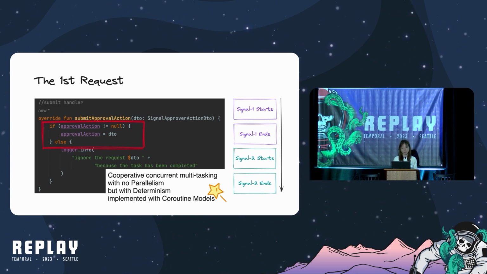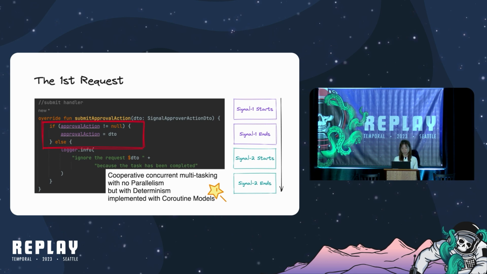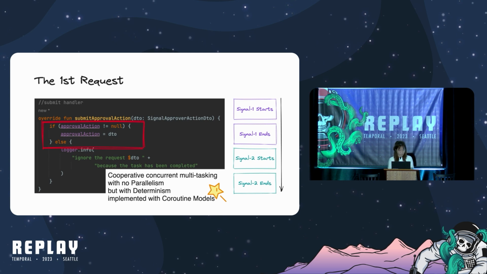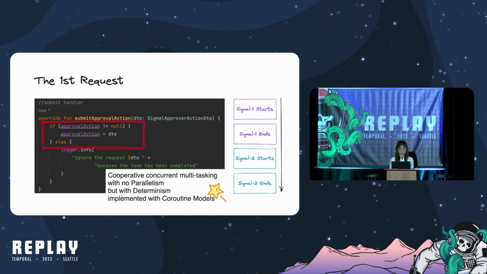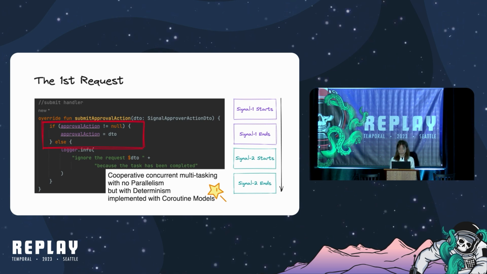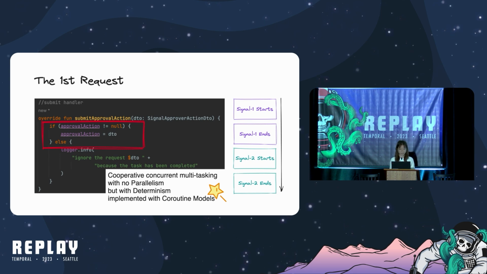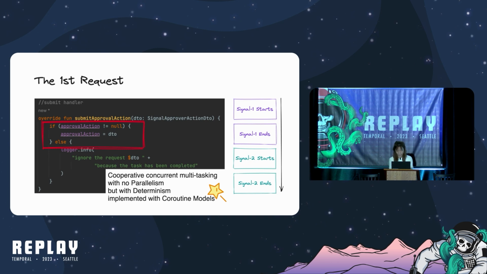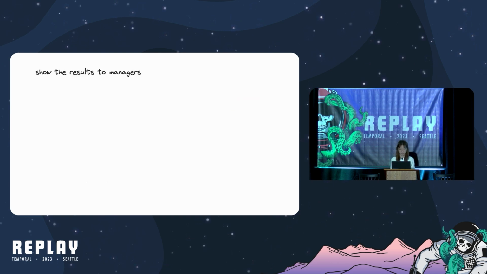And the coroutine of this signal will not get stopped until it blocks. As you have noticed, I put no blocking code in my signal handler, like activities. So one signal will run to completion and the next one starts. So this is safe.